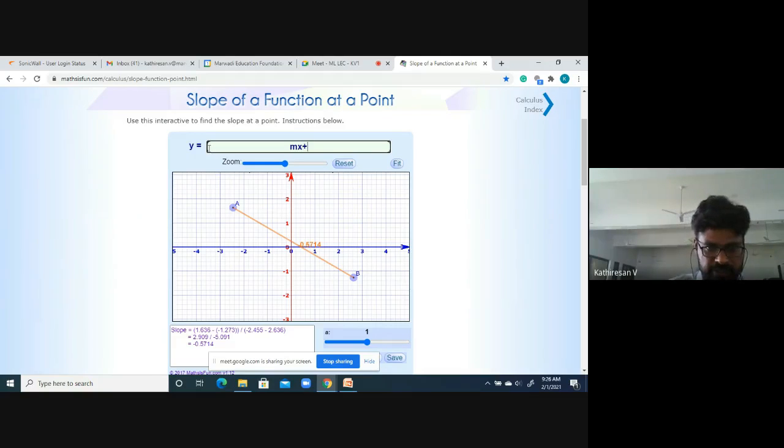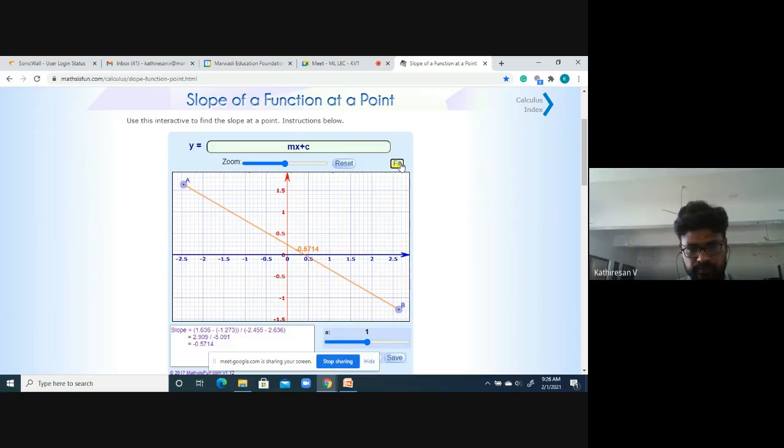So y equals x is nothing but y equals mx plus c. Y equals x square, you will get a parabolic curve. Y equals x cube, you will get this curve.